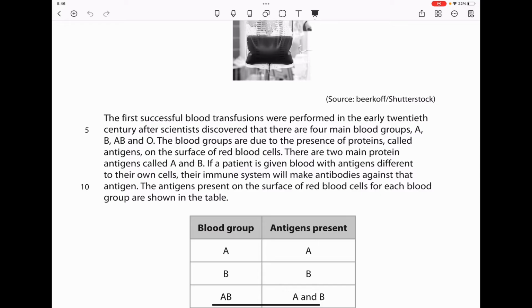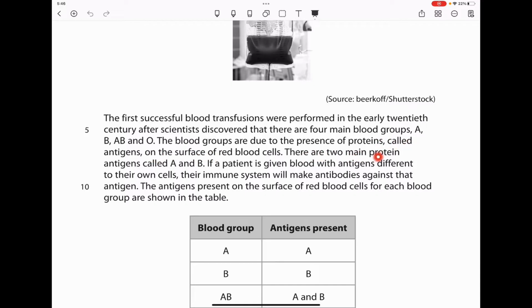They say the first successful blood transfusions were performed in the early 20th century after scientists discovered that there are 4 main blood groups. There is A, there is B, there is AB, and O. The blood groups are due to the presence of proteins called antigens on the surface of the red blood cells.